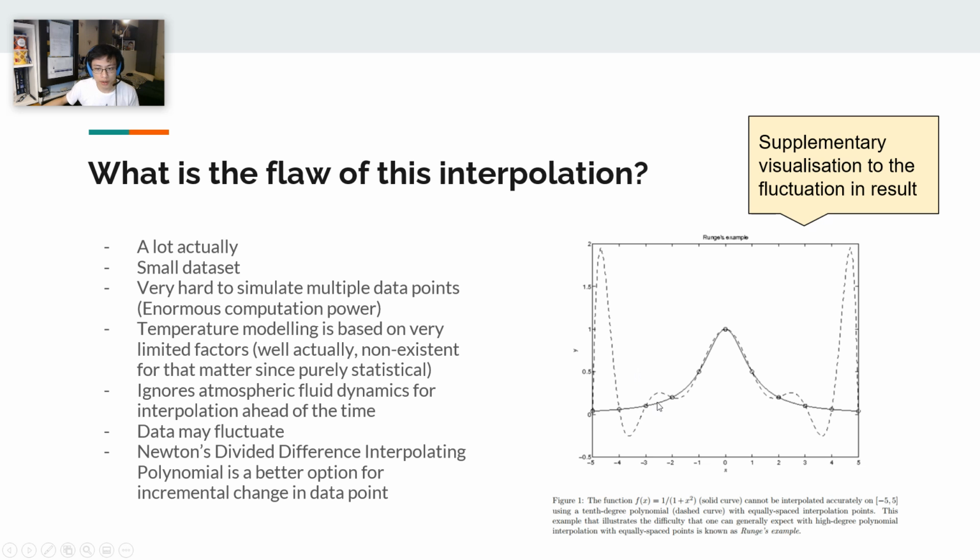So it might not be accurate in between these points. But if we want to simulate better readings, then we have to have a smaller step size. But then again, you will have to use a lot more computation power for that. And that brings us to the previous point of flaw.